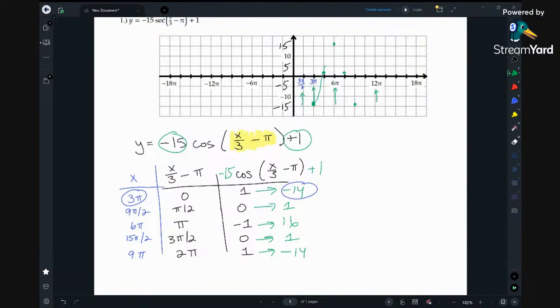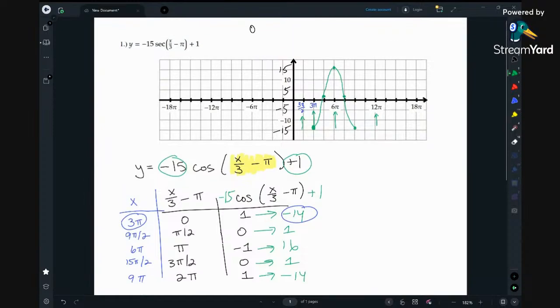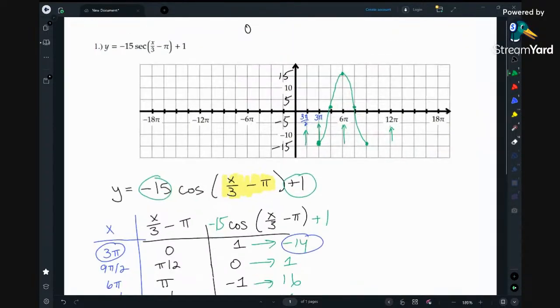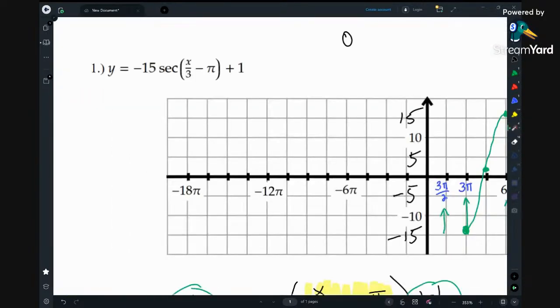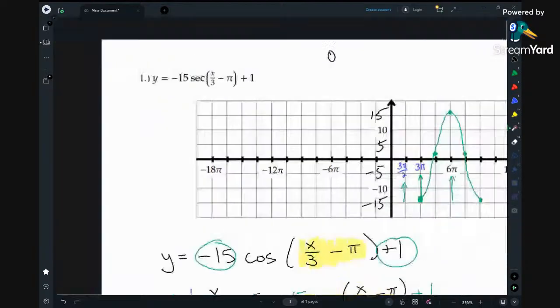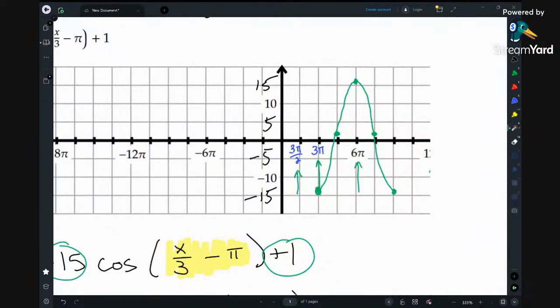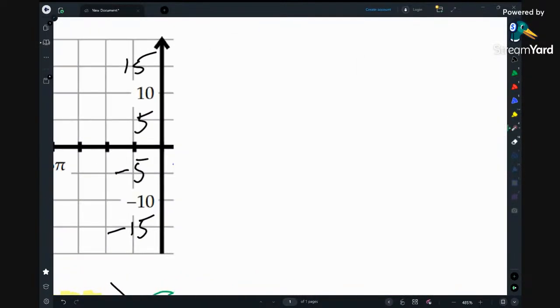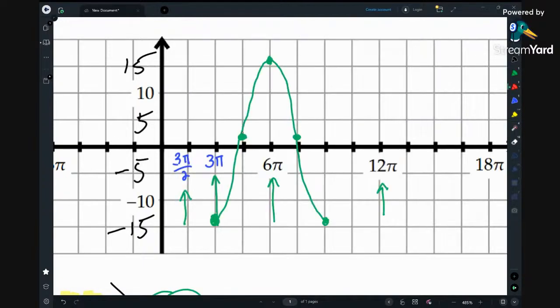And then we would connect this like that, connect this like that. And just to remind you, what I've just graphed is the cosine. The question asks us to graph secant. So no matter what, if you have a sinusoid and you're trying to graph its reciprocal, the midline, this is the middle of the max and the min, becomes asymptotes.